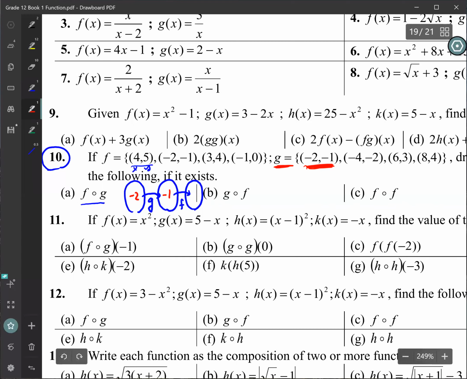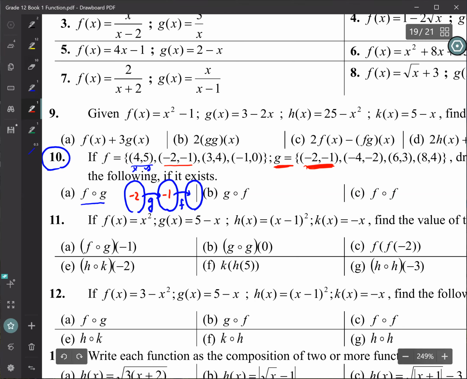That's how you make the arrow diagram so far. And then the -1 will continue to be the input. So you look at the pairs in F. Is there any pair that has -1 as the input? The last one, right?